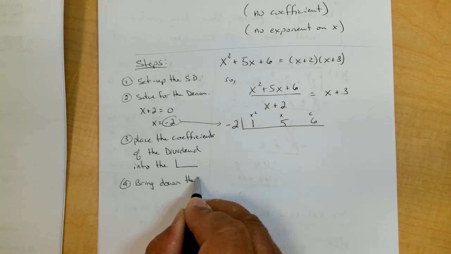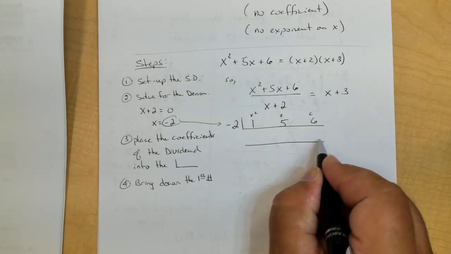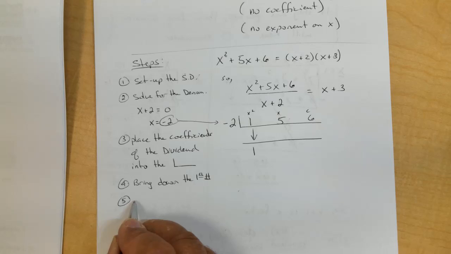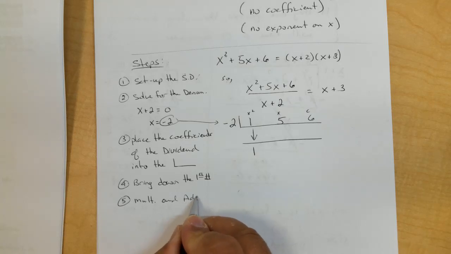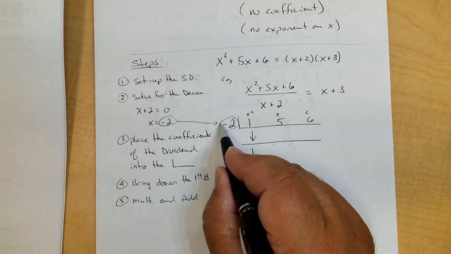Bring down the first number. Now, I still haven't figured out a simple way of writing this. All this is now is multiplication and addition. We're looking at this term here.